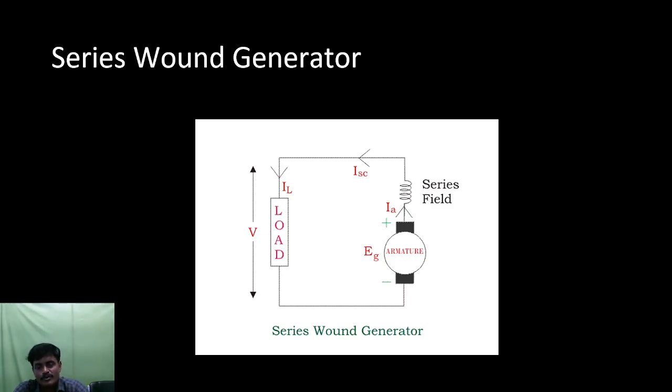At the load side we denote the current as IL, on the generator side as IA, the armature current, and in between we have the field current ISC. Since all the currents have the same value, IA is equal to ISC is equal to IL is equal to I. So the three currents are the same.